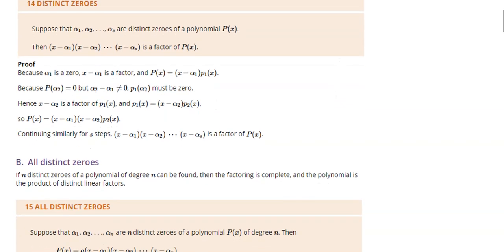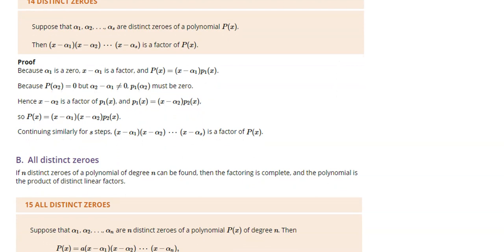They go through the proof. Because alpha 1 is a zero, then x minus alpha 1 is a factor, and p of x is equal to x minus alpha 1 times the remaining polynomial, p1 of x. Because alpha 2 is a zero, but alpha 2 minus alpha 1 is not equal to 0, in other words alpha 2 and alpha 1 are not the same number, so they're distinct, p1 of alpha 2 must also be equal to 0, hence x minus alpha 2 is a factor, and so on and so forth.